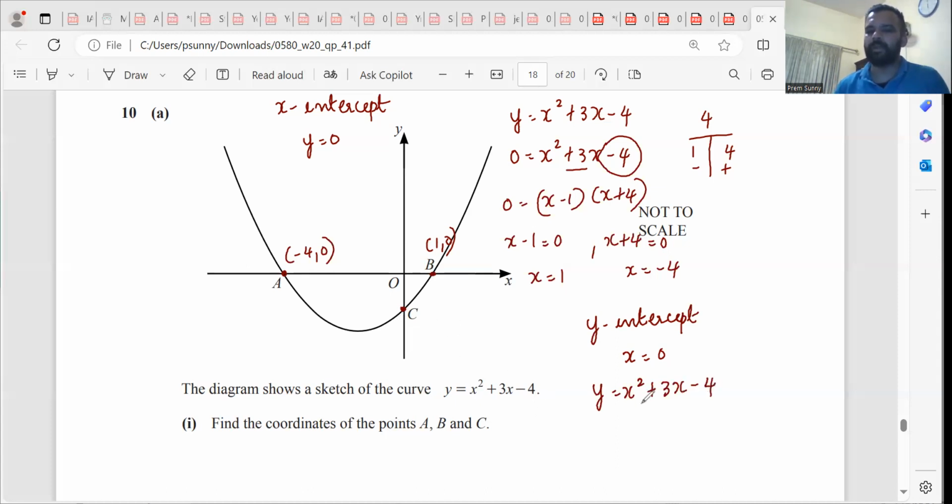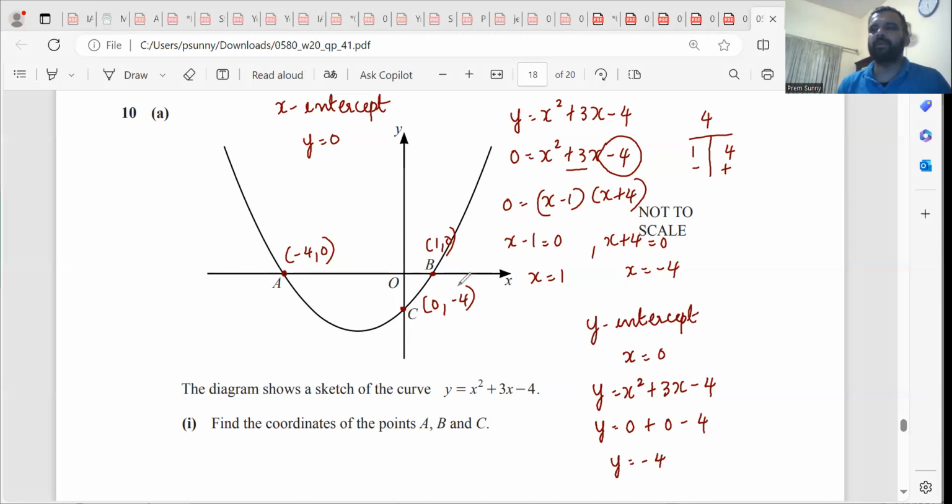Substitute x as 0. So y equals 0 squared, which is 0, plus 3 into 0, which is 0, minus 4. So y will be minus 4. The coordinate for C will be 0 comma minus 4. A point on the y-axis always has x coordinate 0, and we got y as minus 4.